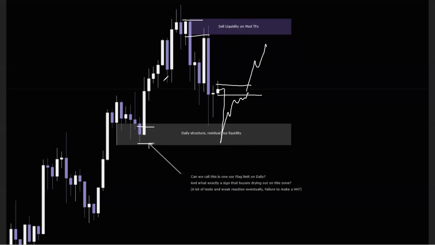The idea being that market structure is bearish. Okay, it's making lower lows, lower highs. If this gets almost fully consumed, the short's worth a shot here, because you've got room for price to run.